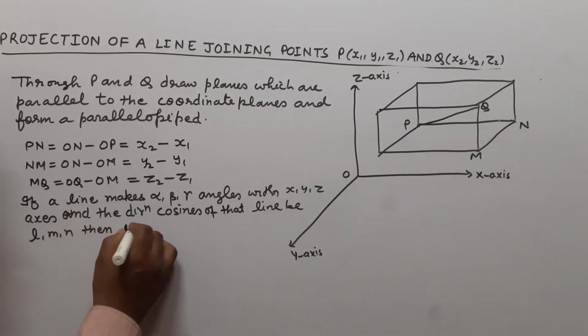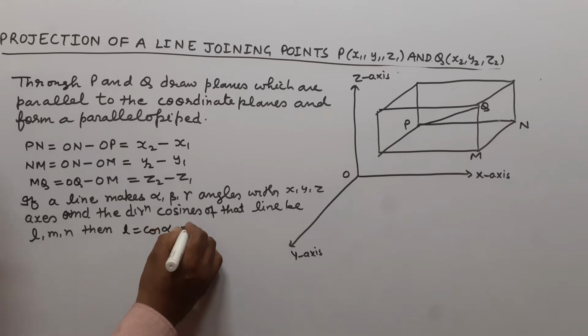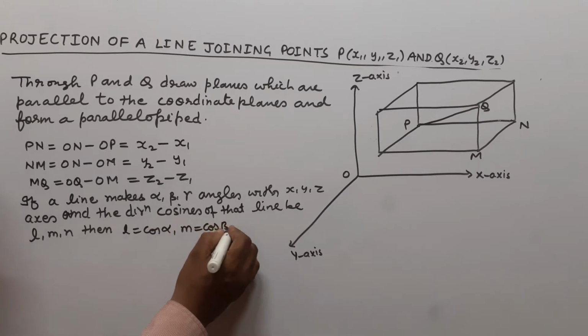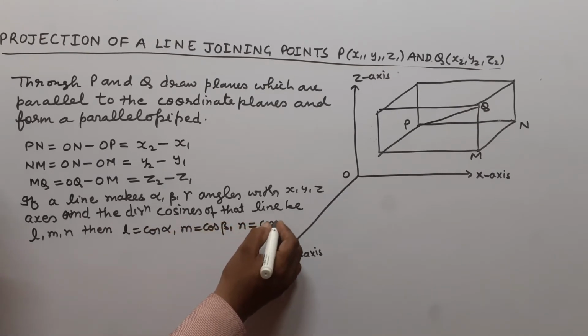Then l is equal to cos alpha, m is equal to cos beta and n is equal to cos gamma.